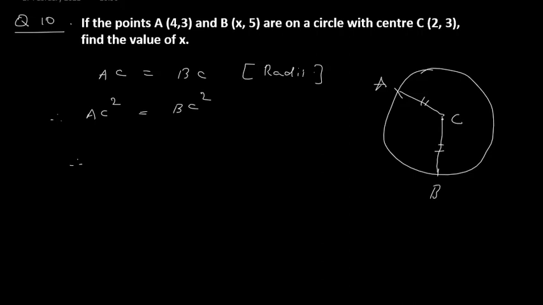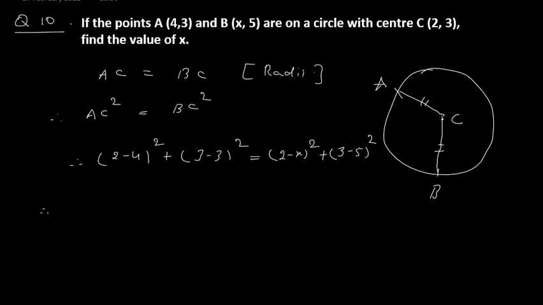Therefore from C I will subtract coordinate of A, that is 2 minus 4 the whole square plus 3 minus 3 the whole square is equal to the value of BC. So BC is 2 minus x the whole square plus 3 minus 5 the whole square.